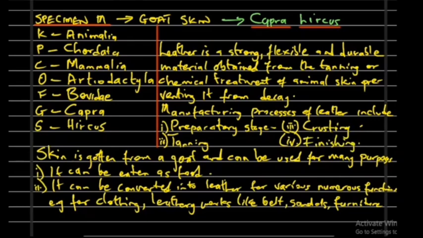Tanning is the conversion, like I said earlier on, of skin and hide into processed leather. That is what tanning is. And then crusting is the process that thins and lubricates leather. So let me just put that here.